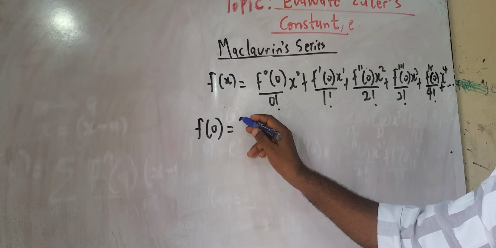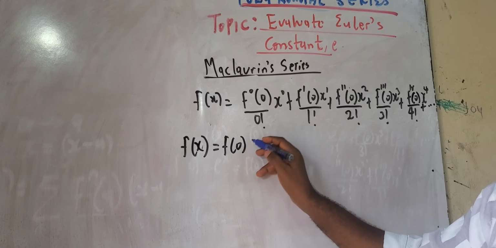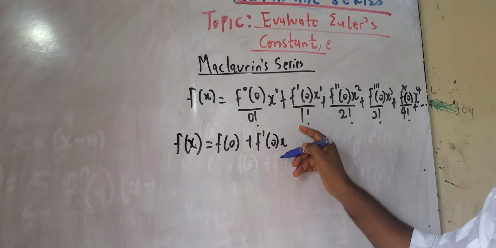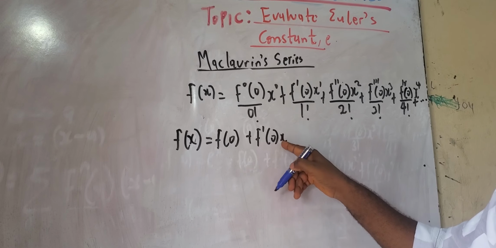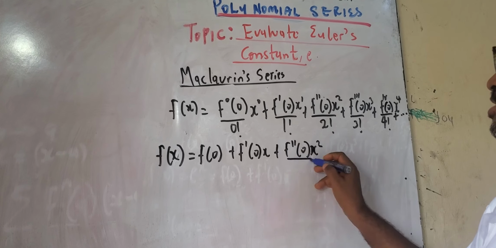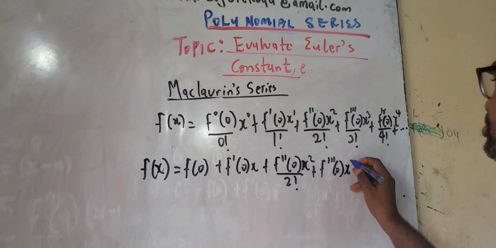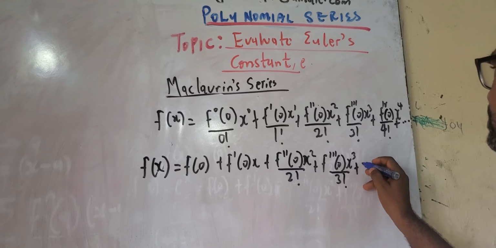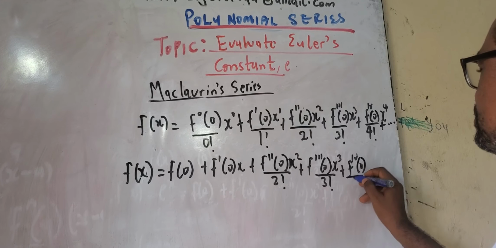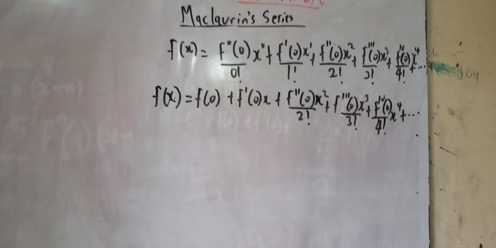So what we have here is simply f of 0, plus f prime of 0 times x, because 1 factorial is 1 and x raised to power 1 is x, plus f double prime of 0 times x raised to power 2 all over 2 factorial, plus f triple prime of 0 times x raised to power 3 all over 3 factorial, plus the fourth derivative of the function at 0 times x raised to power 4 over 4 factorial, and so on and so forth.